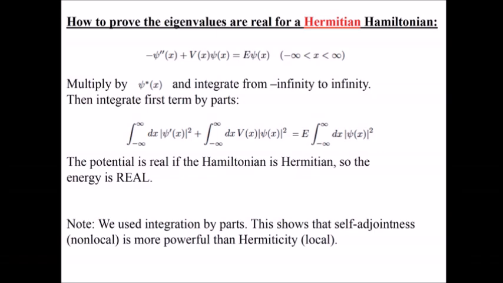Usually at the transition point, the Hamiltonian is Hermitian. So Hermitian Hamiltonians are at the transition between broken PT symmetry, where the eigenvalues are complex, and unbroken PT symmetry, where the eigenvalues are real. I'm going to talk to you about that in the very next lecture.